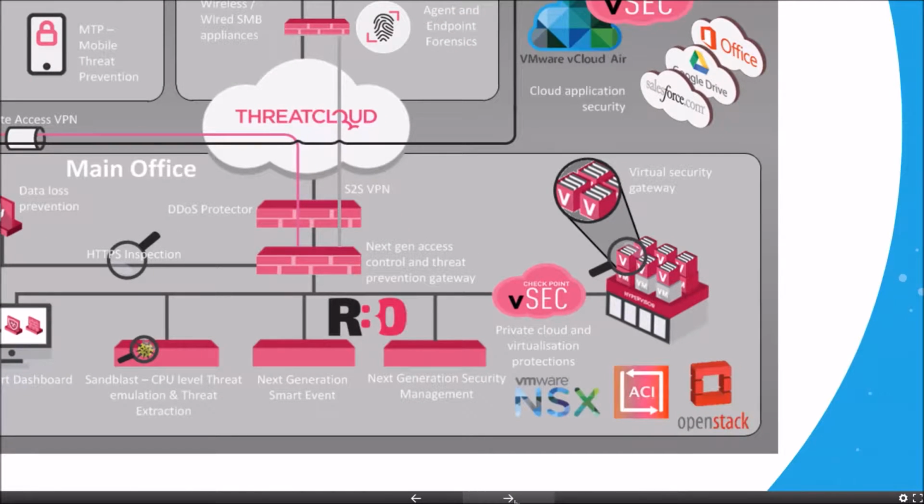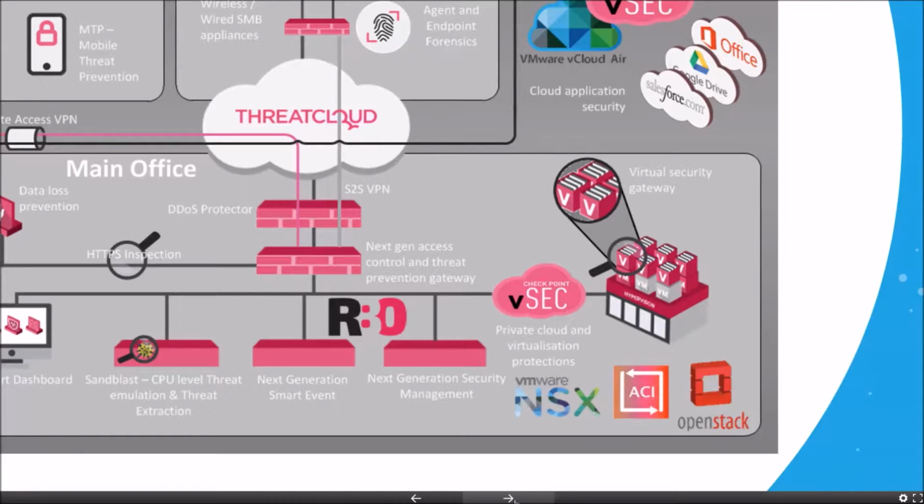Now, that Check Point vSec technology that can provide security in the cloud-based or infrastructure as a service space can also be brought into the private cloud space around products like VMware NSX, Cisco's ACI, or OpenStack.